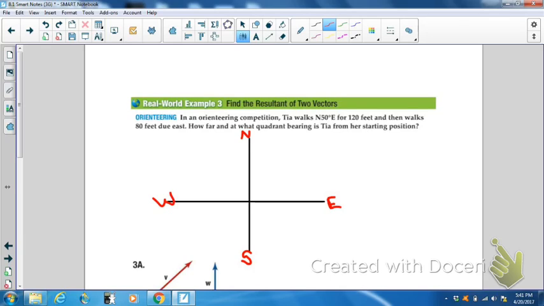And it says that Tia, so this is a quadrant bearing because of the way it's notated here. And I want to go 120 feet, and then she walks 80 feet due east.